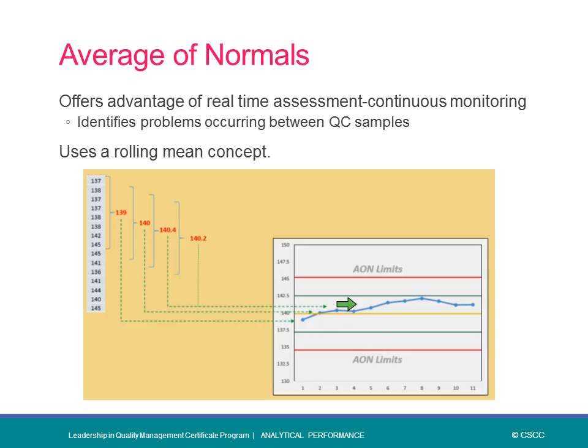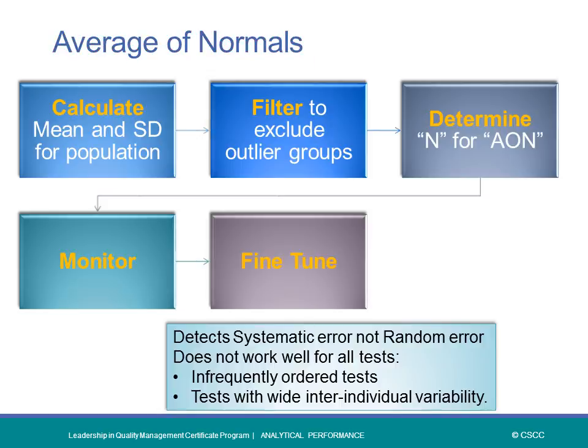to detect systematic error. Now, I shouldn't have said creatinine because I'm not really sure if that would be a good candidate for this particular test. But in order to have this working well for you and avoiding unnecessary failures, it's important to filter the data, determine how many samples will be included in that calculation of normal, and a monitoring process.